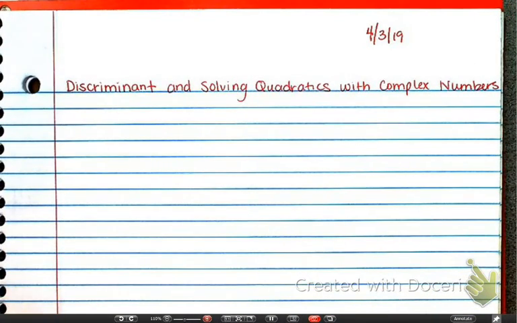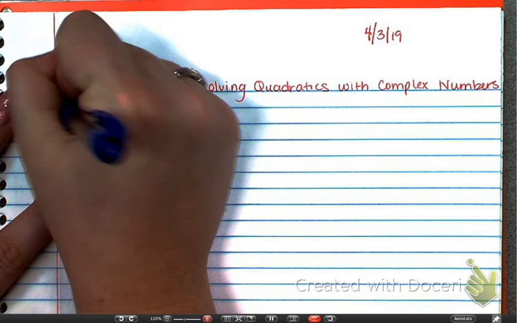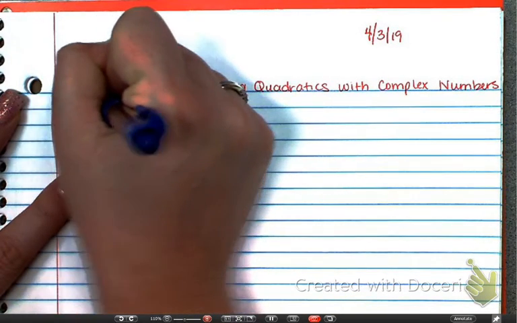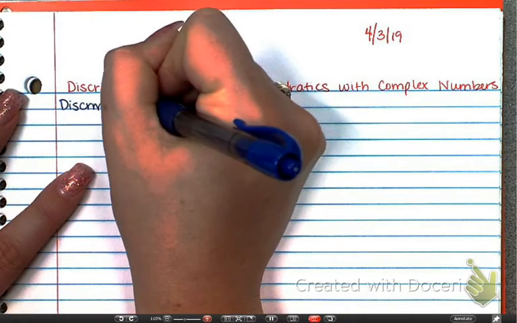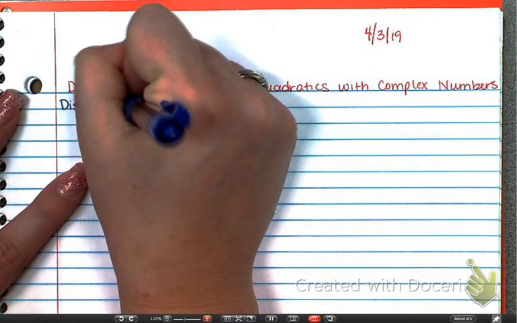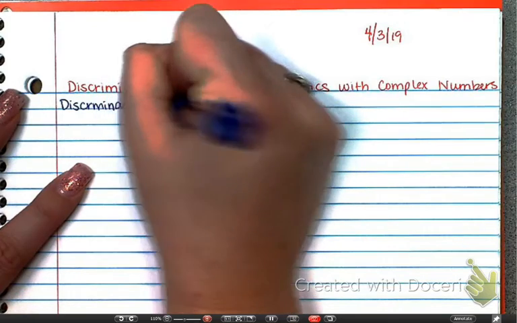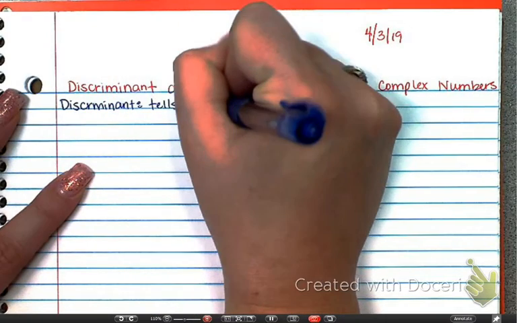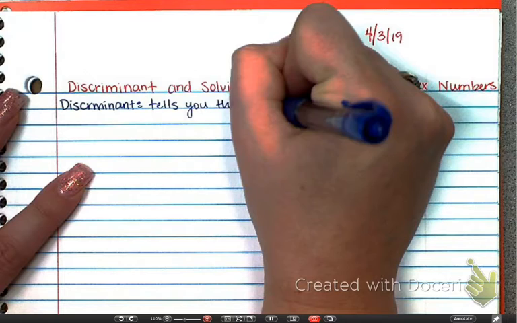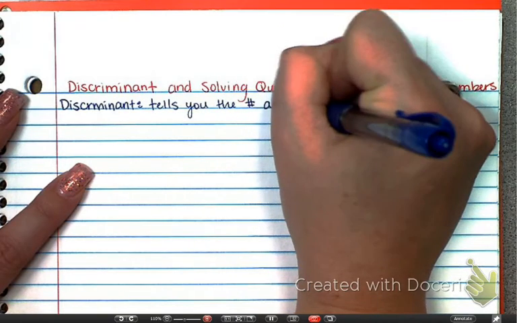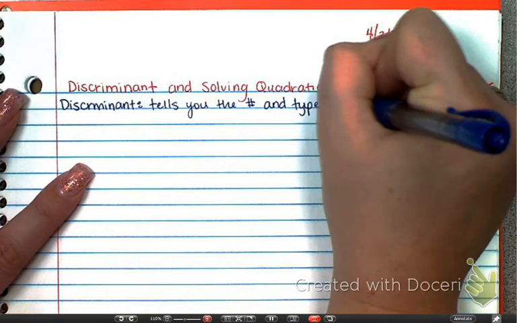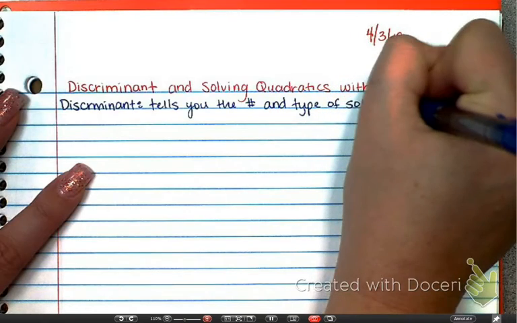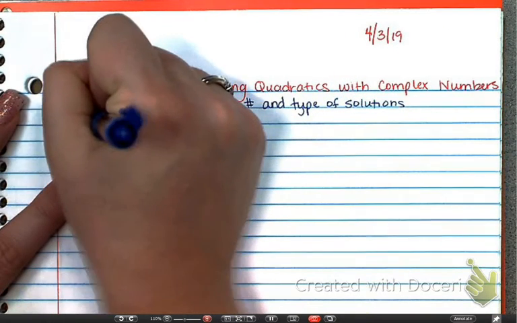First of all, the discriminant tells you the number and type of solutions that you're going to have.